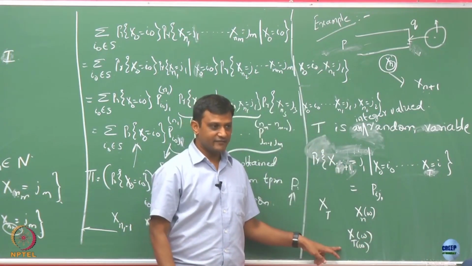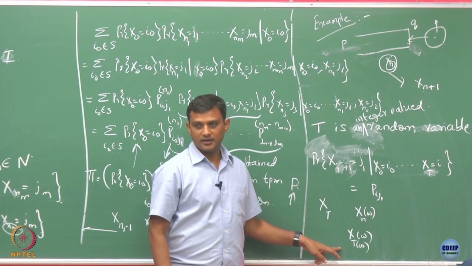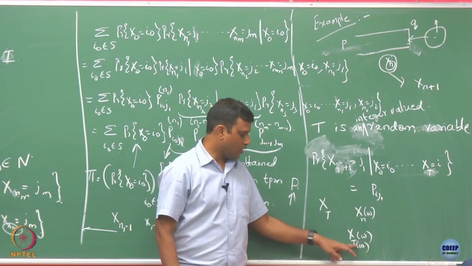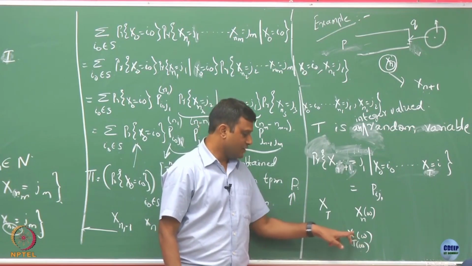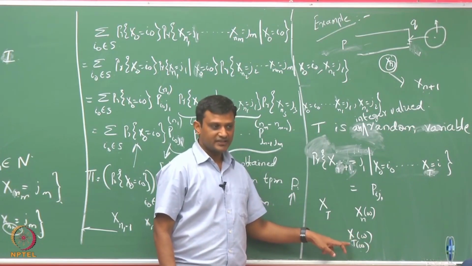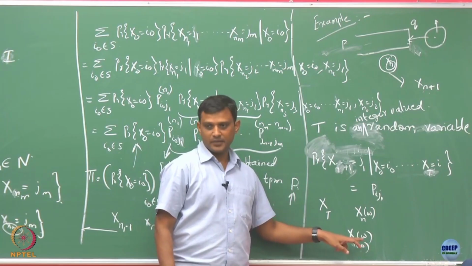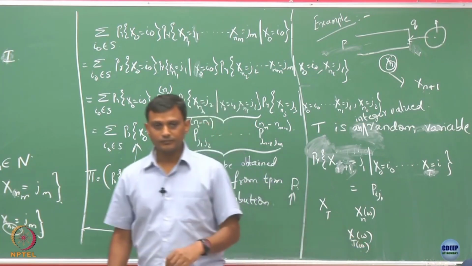So T itself is a random variable. On that sample point, first tell me what the index is, and from that index, what is the value taken by X_T of omega on that sample point omega.